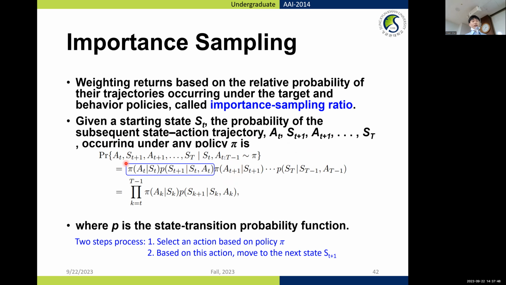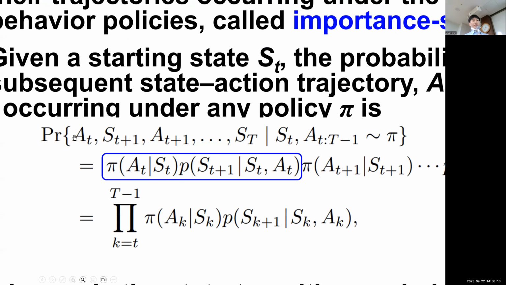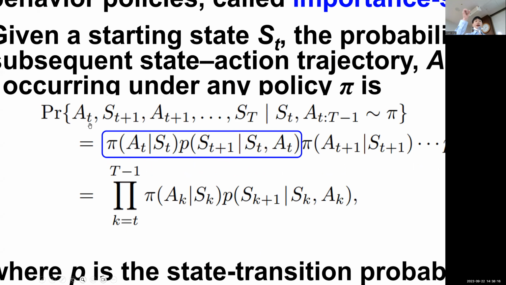The probability of a sequence, given the state and the action policy, can be rewritten into multiple parts. In detail, we want to check, for a state and a policy, the probability of generating a particular sequence.